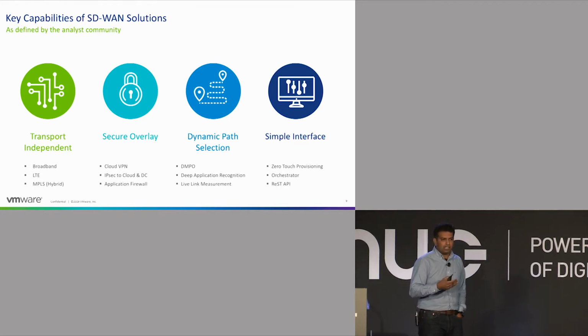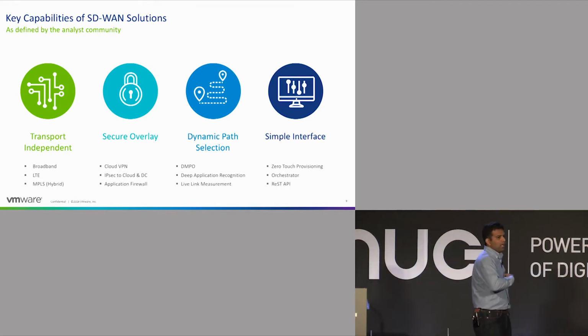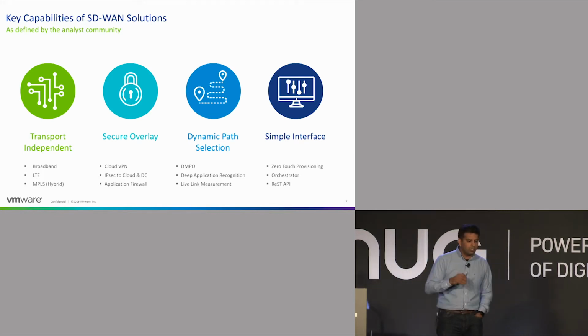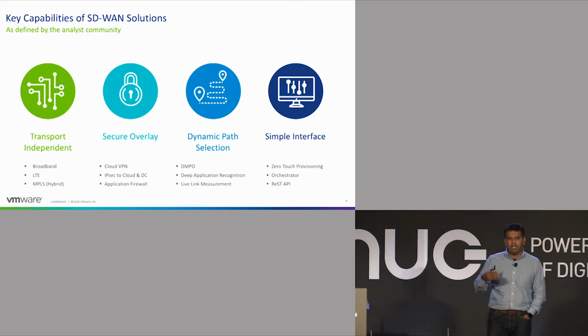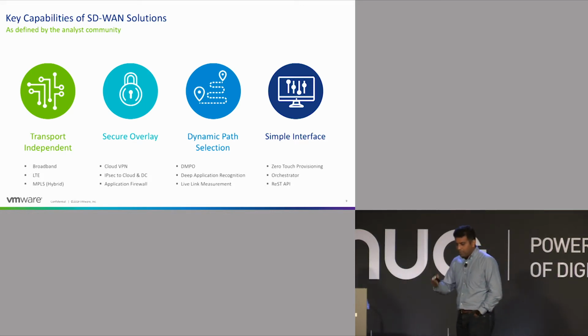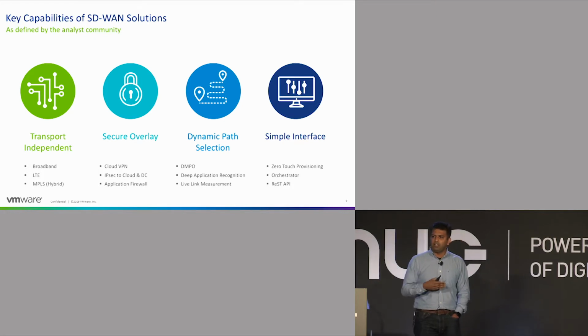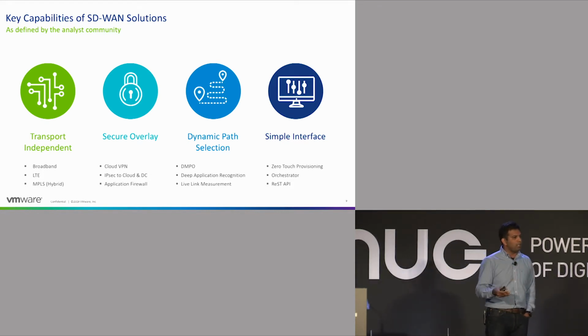They don't need somebody who's well-versed with networking constructs or networking technology in order to deploy a box, right? So having a simple interface, right? Go deploy the box, provision it, and also have a simple interface to talk to other technologies, be it a network management system or a firewall or any other technologies.